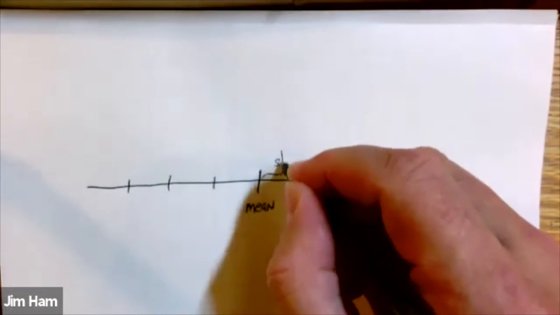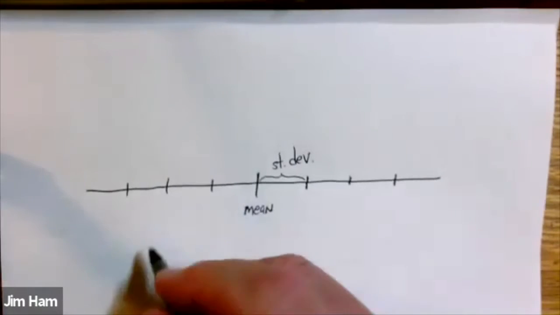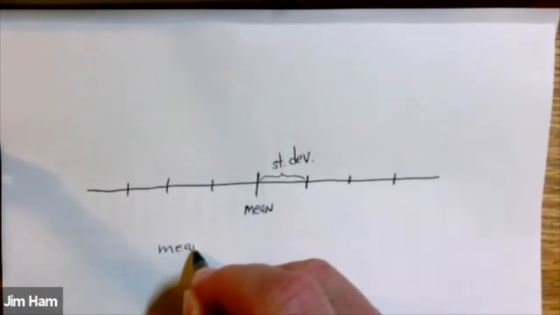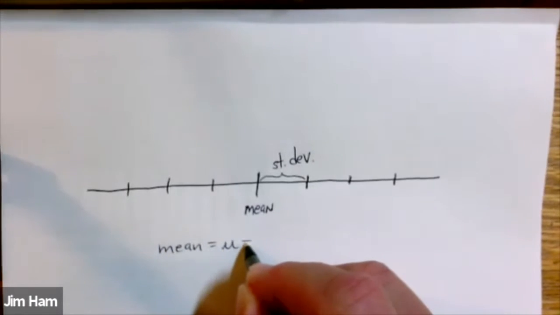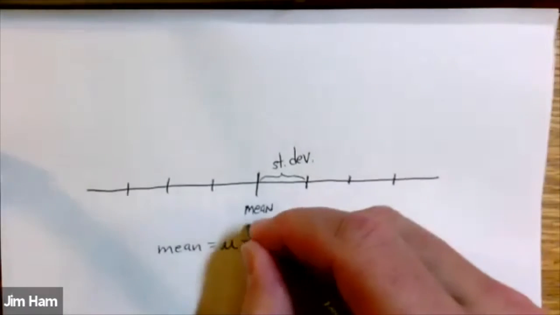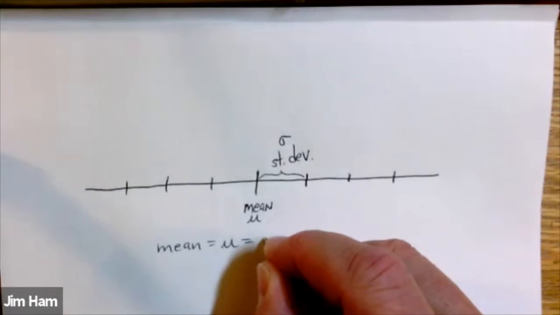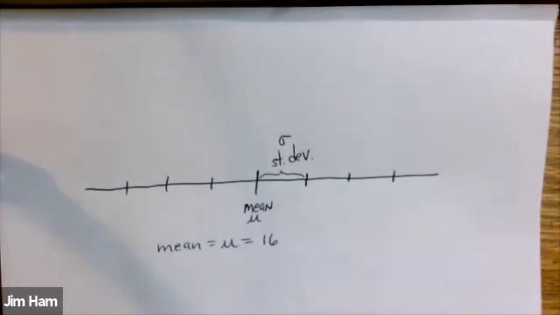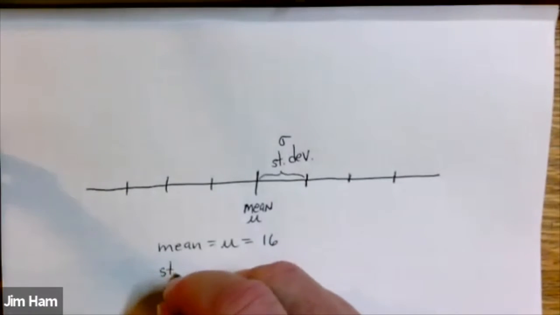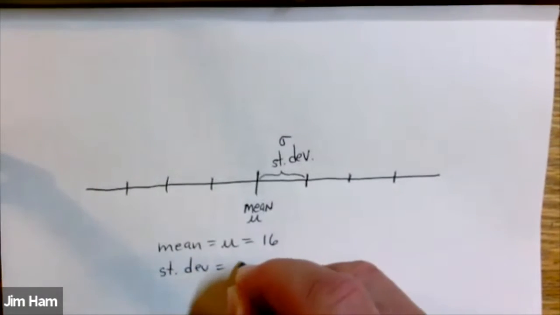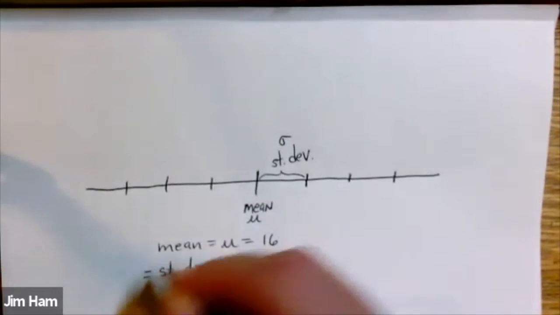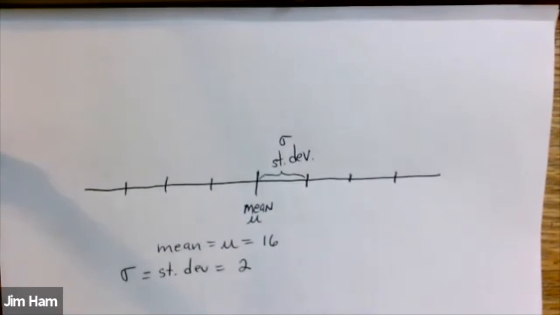So for example, if the mean is equal to, I'll use the variable mu, you can use the population mean or the sample mean, let's say that it's equal to 16, and the standard deviation is equal to 2, and let's call this the population standard deviation.